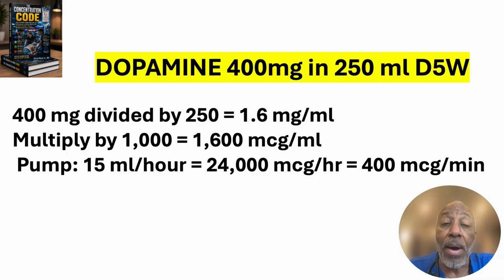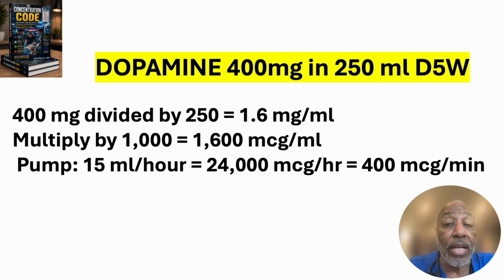To convert it to micrograms, you multiply by 1,000, which gives you 1,600 micrograms per milliliter. Now, every milliliter of that dopamine bag contains 1,600 micrograms of drug.